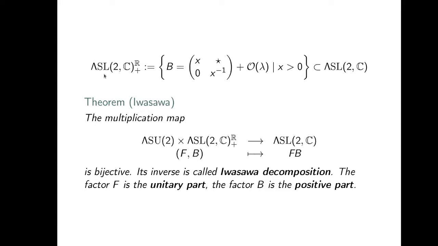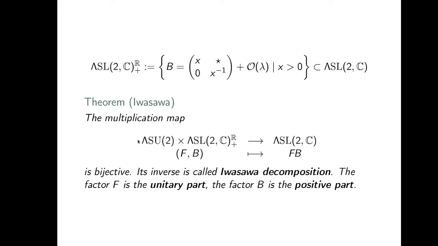Defining this loop group is necessary for the second step of the DPW method, which involves an Iwasawa decomposition. Think of Iwasawa decomposition as a loop group version of the QR decomposition of a matrix in SL2C as an orthogonal matrix Q and an upper triangular matrix R. This decomposition has an equivalent for loop groups, which is exactly given by this theorem.